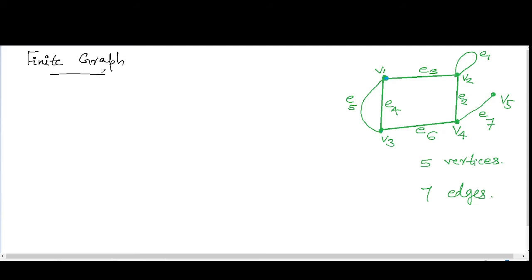So what is a finite graph? A graph with a finite number of vertices as well as a finite number of edges is called a finite graph. Otherwise, it is called an infinite graph. So we can see examples here.